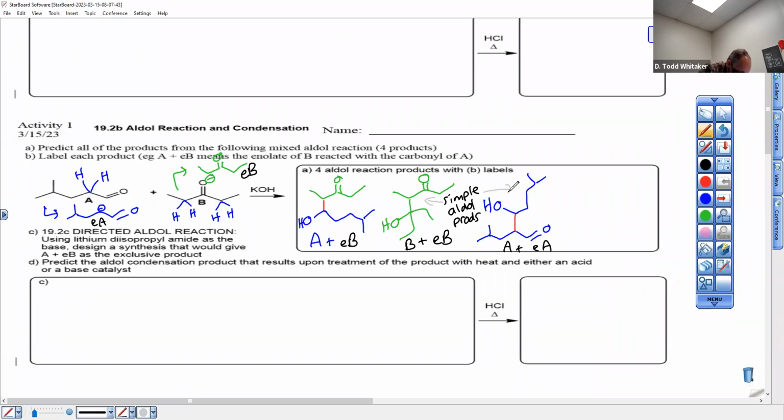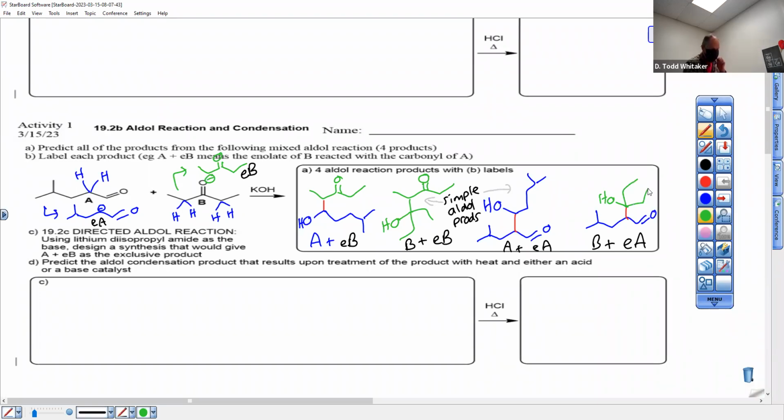So I haven't done B plus the enolate of A, have I? No. B plus EA. So EA is the blue. I did EA just a second ago. It created that. And if it reacted with B, you're going to get OH with two ethyls.